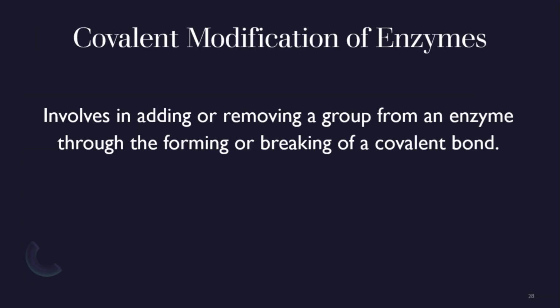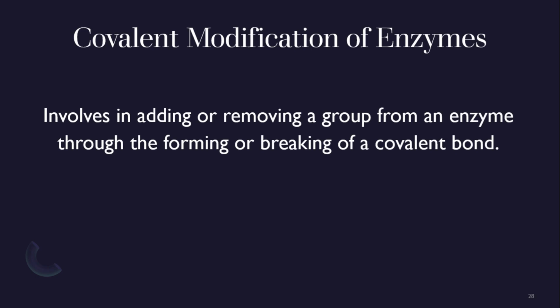Then we have the last mechanism, the covalent modification of enzymes. It involves adding and removing a group from enzymes through the forming or breaking of a covalent bond. It is a process in which enzyme activity is altered by covalently modifying the structure of an enzyme through attachment of a chemical group to, or removal of a chemical group from, particular amino acids within the enzyme structure.